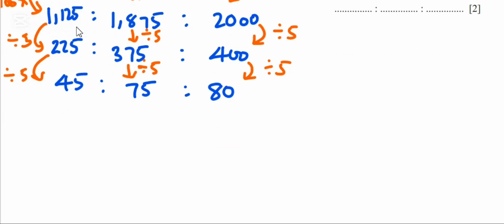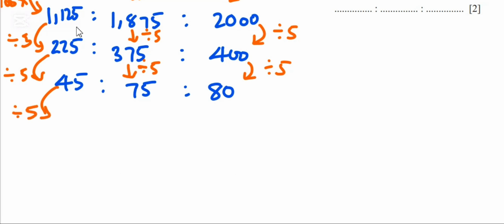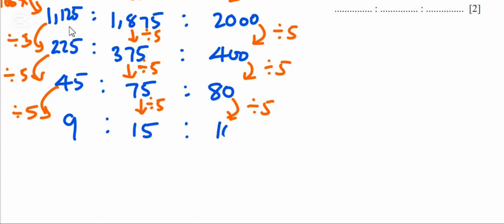You still ask yourself, is this ratio in its simplest form? The answer is no. So you continue dividing by 5 because these numbers are ending in 5s. So divide by 5, also divide by 5, then divide by 5. 45 divided by 5 is 9, 75 divided by 5 is 15, then 80 divided by 5 is 16.